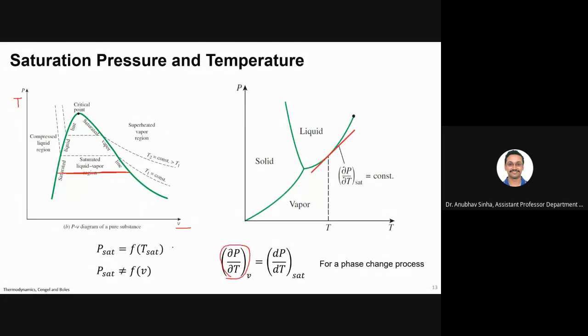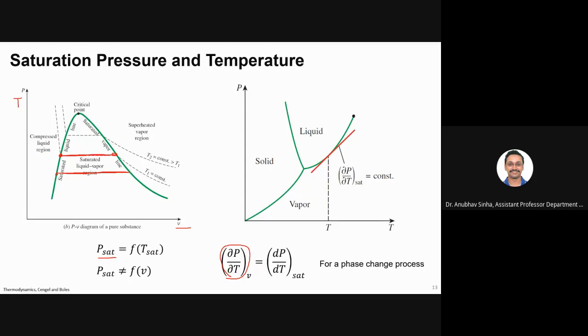So what I can say from this discussion is that pressure is a function of saturation pressure. Basically, I am limiting myself to pressure for a phase change process, starting from saturated liquid to saturated vapor, in this dotted line.